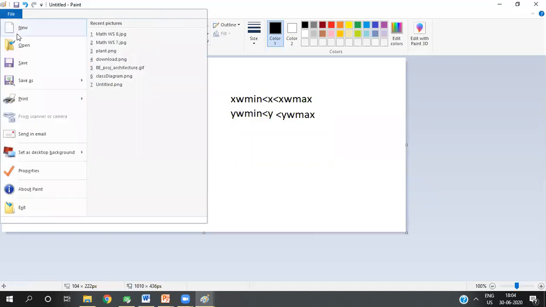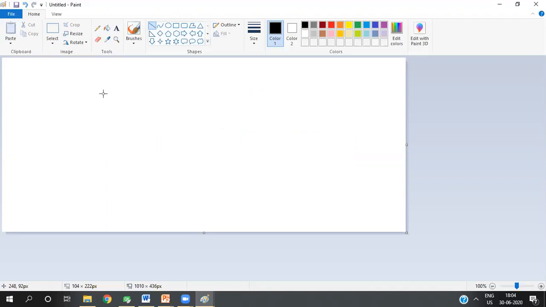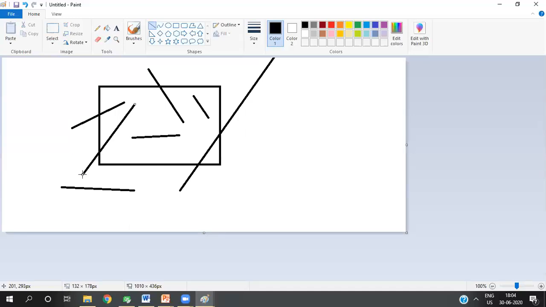Open a new one. Here first I will draw a rectangle, like this is a window considering. And here I am drawing the different lines. A number of lines are present over here, like this, fine.